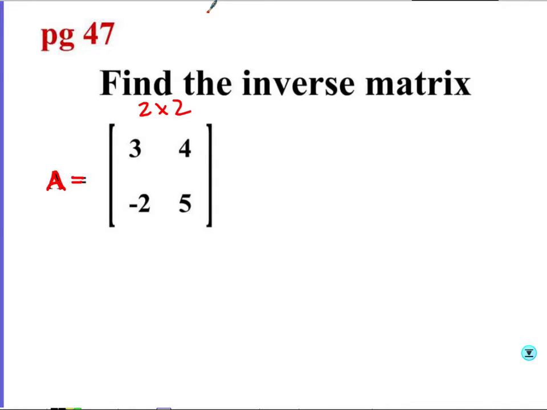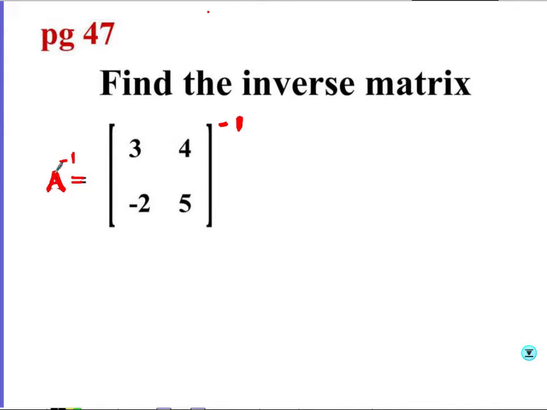Now, it's actually very simple to find the inverse matrix. All I have to do in my calculator is put what looks to be an exponent of -1. Because I put that exponent of -1, that is going to make it an inverse matrix.